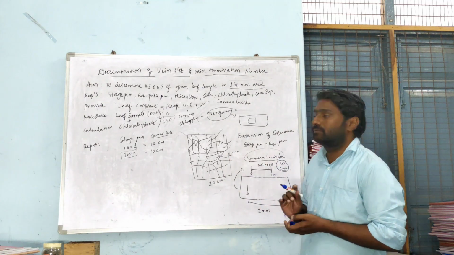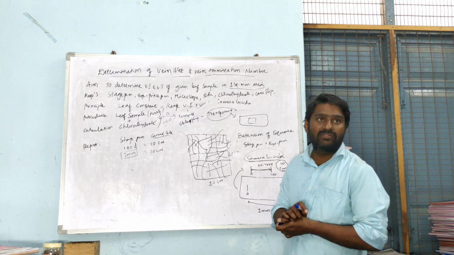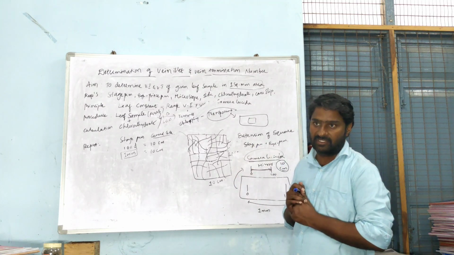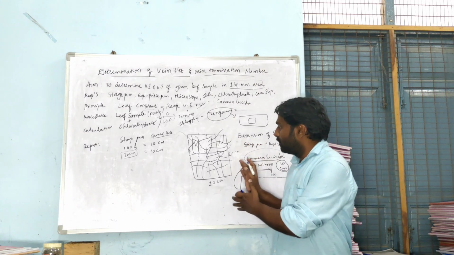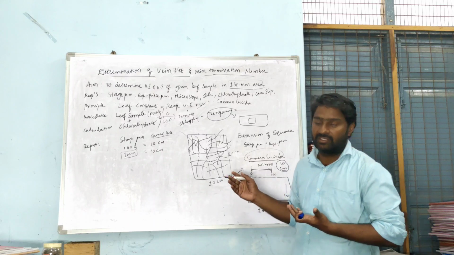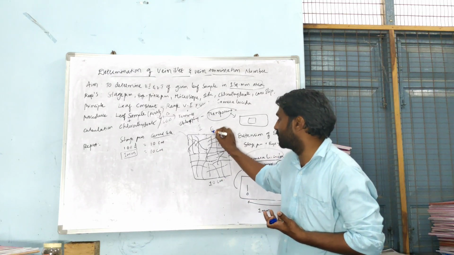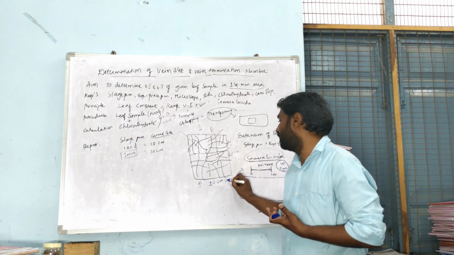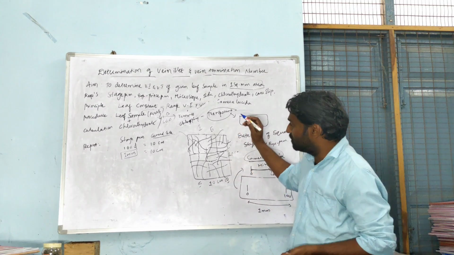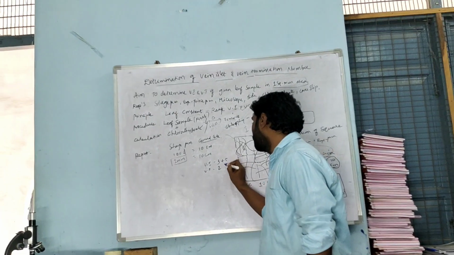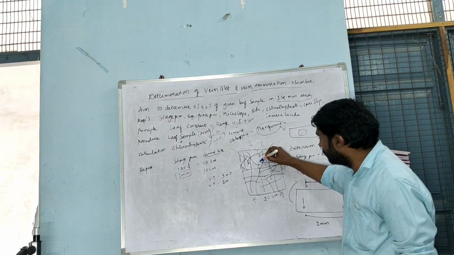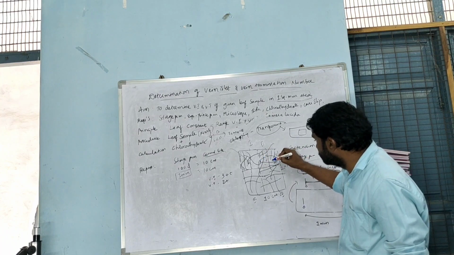After drawing the complete square by tracing with the camera lucida, now you are supposed to count how many vein islets and how many vein terminations are there. As we have divided it into 4 equal squares, let us first consider one square individually. This would be the first square, this the second, this the third, and this the fourth. On the first square there are 5 vein islets, and the vein terminations are 1, 2, 3.